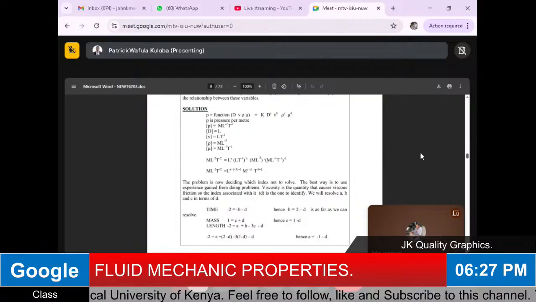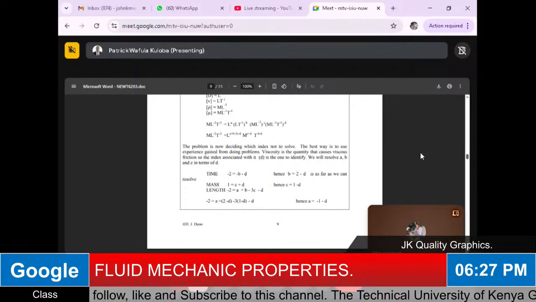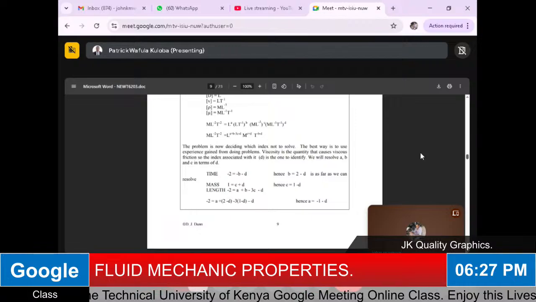You can see B is expressed in terms of D, C is expressed in terms of D, and A is expressed in terms of D. There you are, just follow that. I know some of you have already done it.